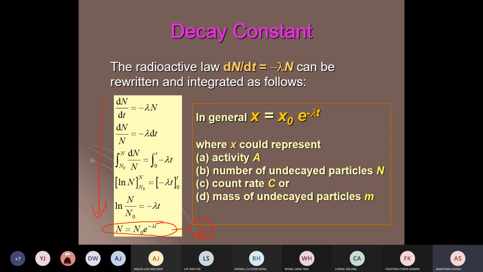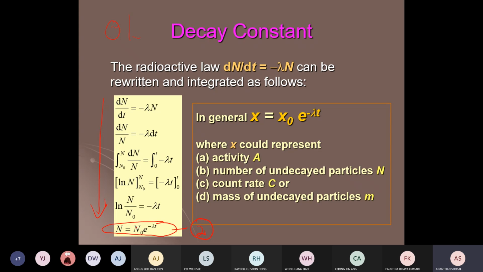When a substance is allowed to decay, the number of particles reduces, changing to another substance. So they put the limits of n and n naught, integration is done, and finally they get this formula. The derivation is just for your understanding, but you need to know the final formula.